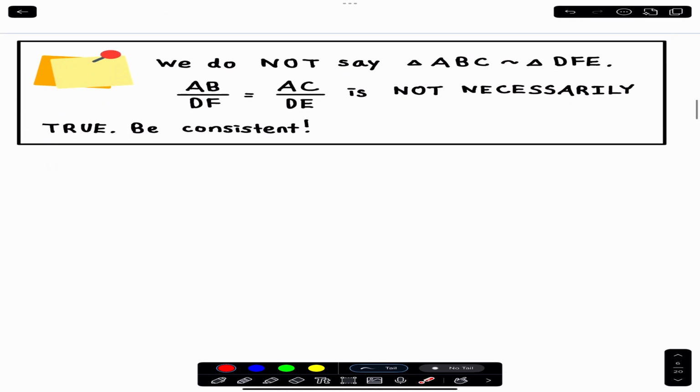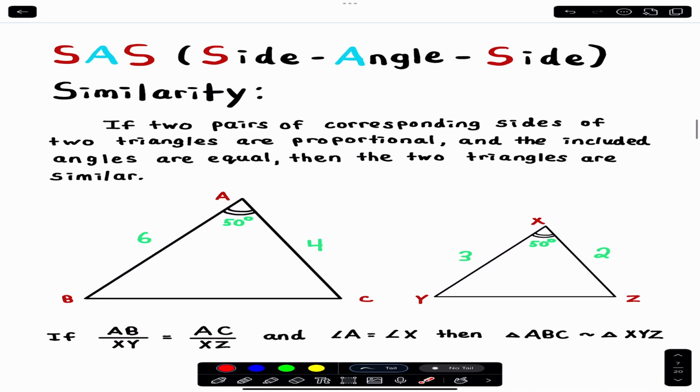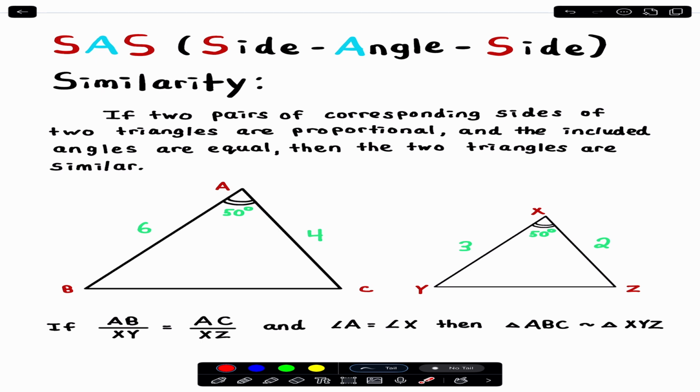For now, we need to take care of method number 2, which is SAS similarity. SAS is the acronym for side, angle, side similarity. For these similarities, whenever you see S, that stands for side, A means angle.